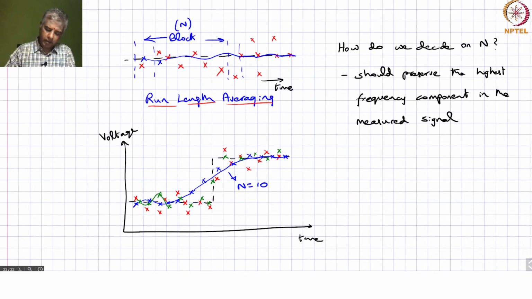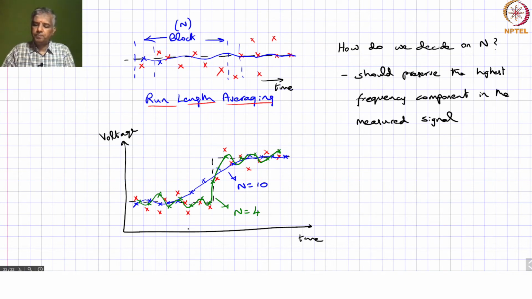So you might have a signal like that. This is what you get for n equal to 4, where the transition is better preserved.